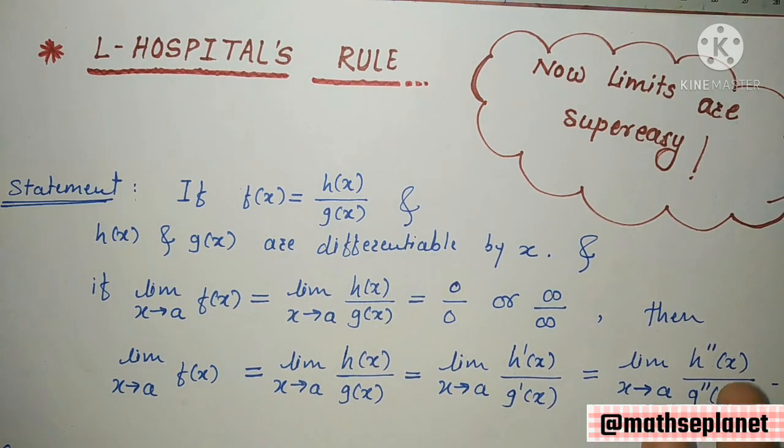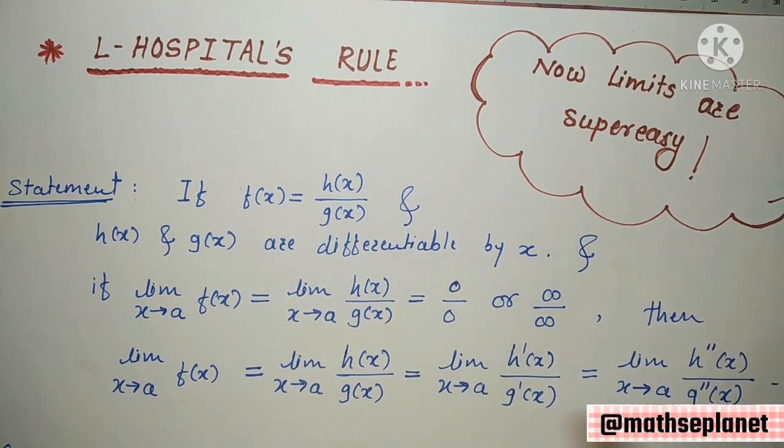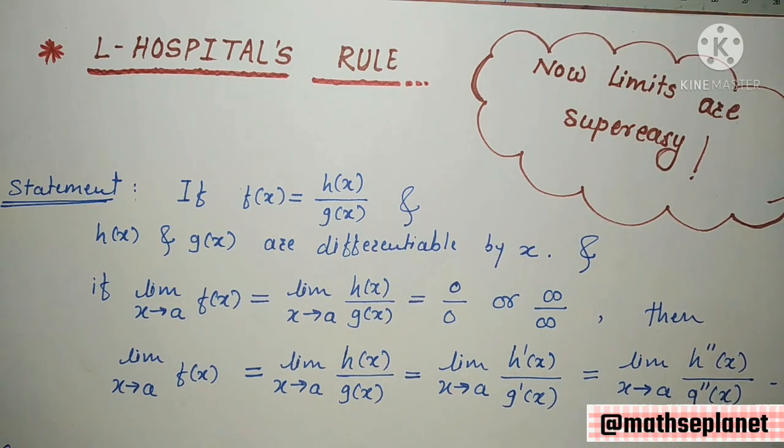You can take the second derivative of h of x and the second derivative of g of x. Until you get the value of the limit, whenever you get 0 by 0 or infinity by infinity form, you can differentiate the numerators and denominators and find the value of the limit.